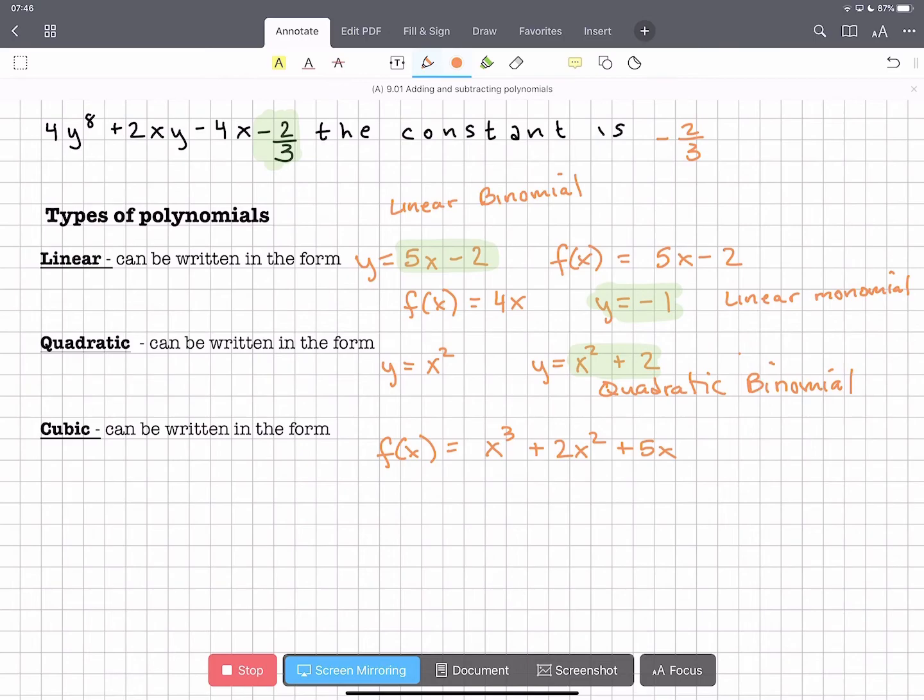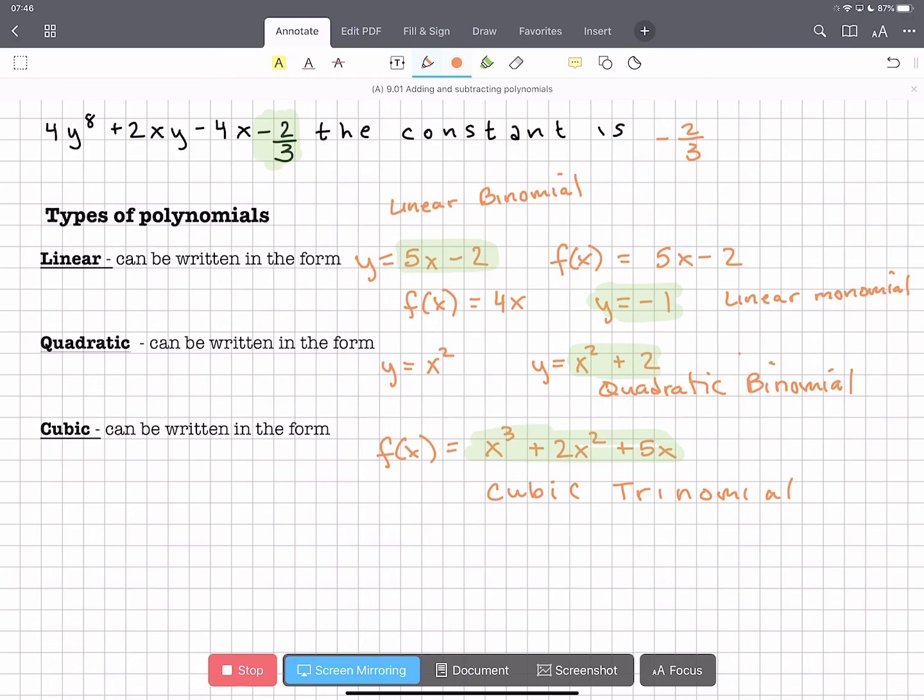So it's a binomial, and together it's a quadratic binomial. That means this here would be a cubic trinomial. So that's how we can classify these different polynomials.